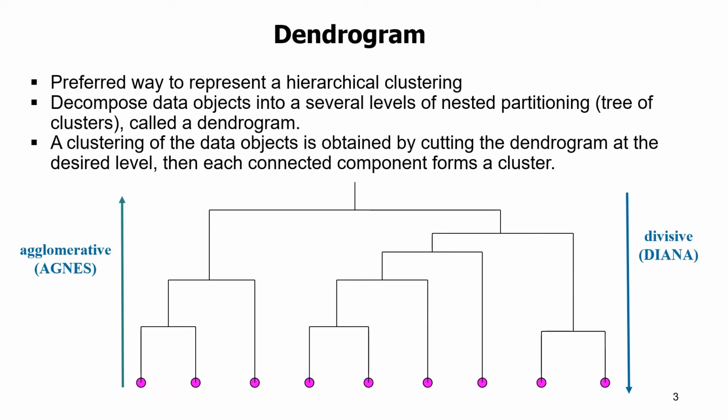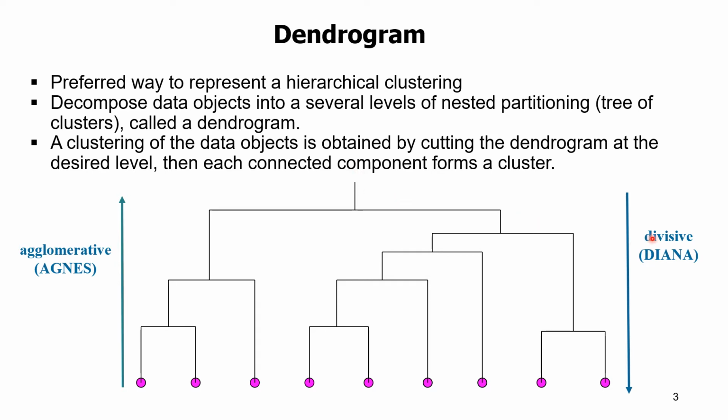A dendrogram is a way of representing the process of hierarchical clustering. This is an example of a dendrogram. As you can see here, each dot is a data point, and in agglomerative clustering each node is a cluster, and you keep merging these until you have one single big cluster.